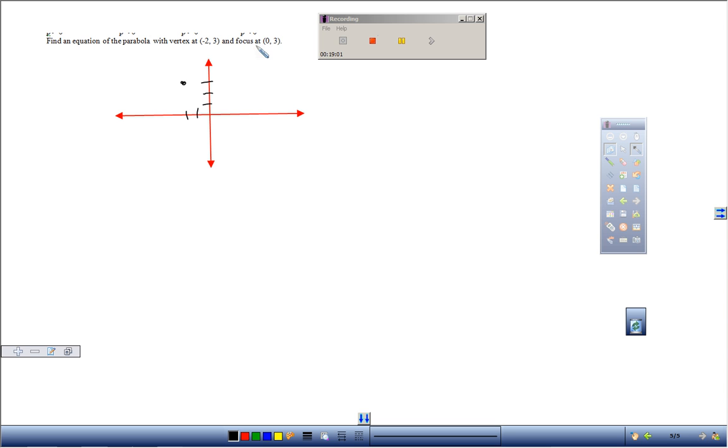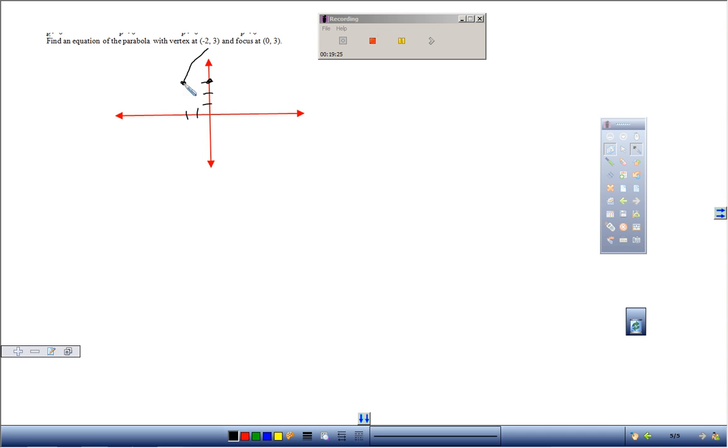And a focus at (0, 3), sorry, my dog's barking in the background. Where's (0, 3)? Right here. Okay? So if the focus is here and the vertex is here, that must mean that my parabola is going this way, right?